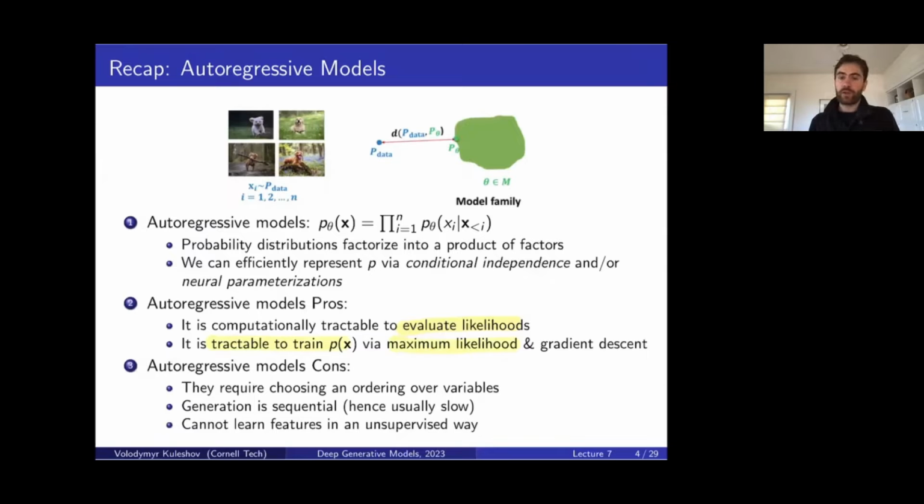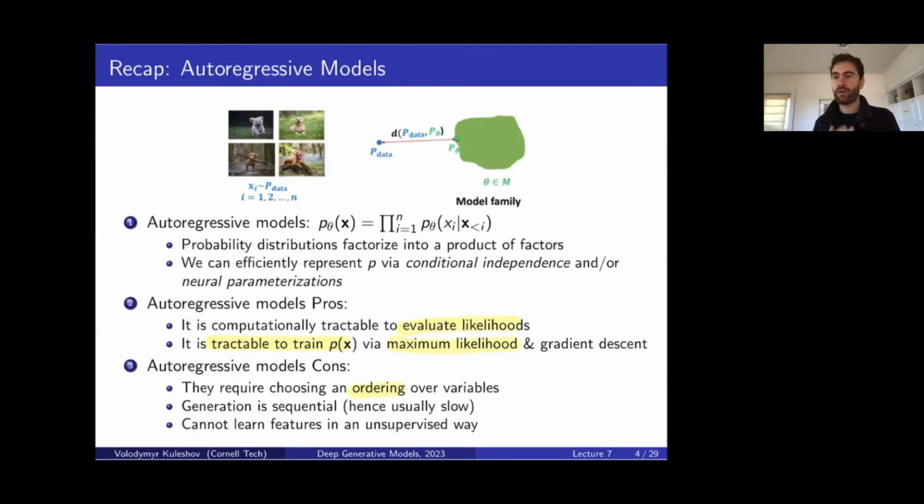Now, on the other hand, autoregressive models also have some disadvantages. First of all, we have to choose some kind of ordering, which is not really natural. It introduces an unnecessary modeling assumption or bias. Why would there be any ordering over the pixels? Why would we be going left to right as opposed to top to bottom?